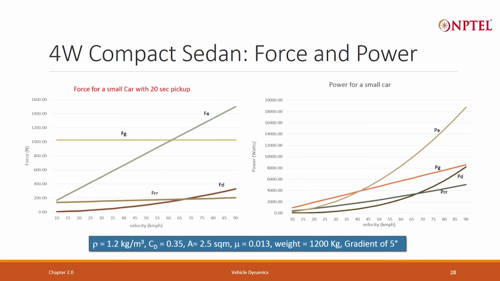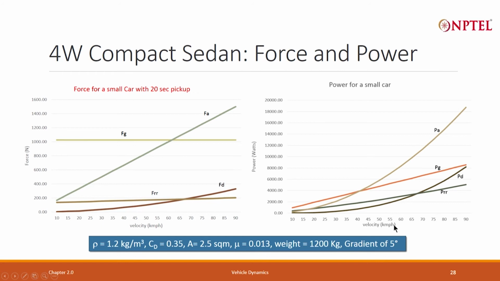Look at the power curve. As I told you, everywhere a V term gets added, rolling resistance therefore continues to increase. At 60 kilometers per hour, rolling resistance is still going to be around 3500 watts, 3.5 kilowatts. Drag is going to be even less.